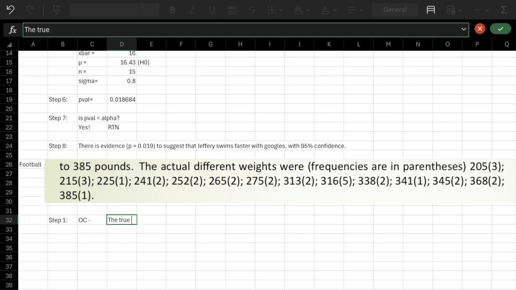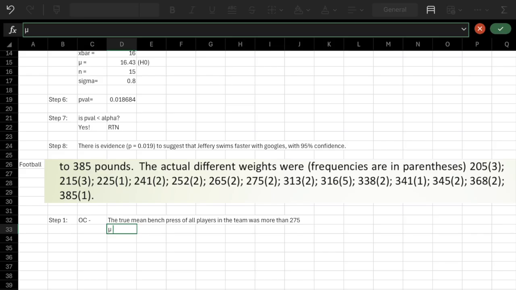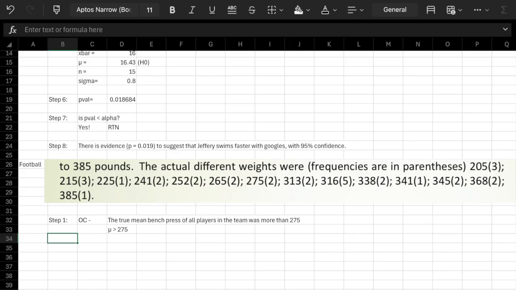The true mean bench press of all players on the team was more than 275. So that translates to mu is greater than 275.